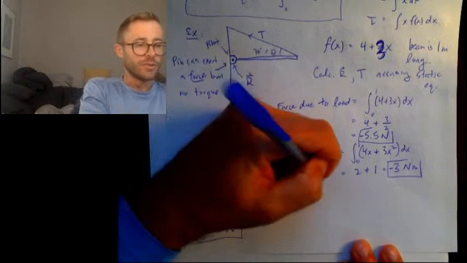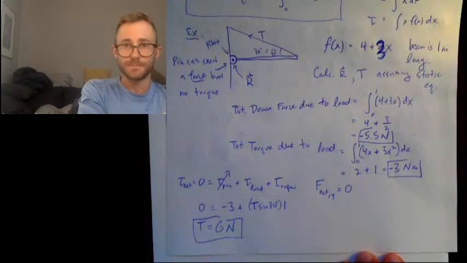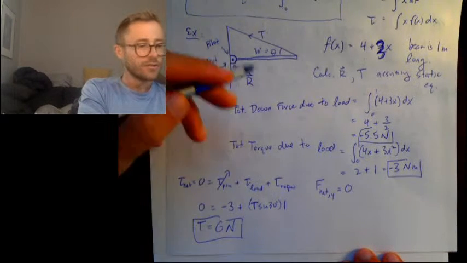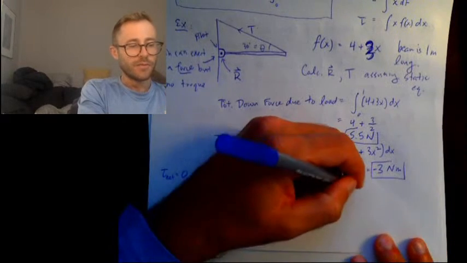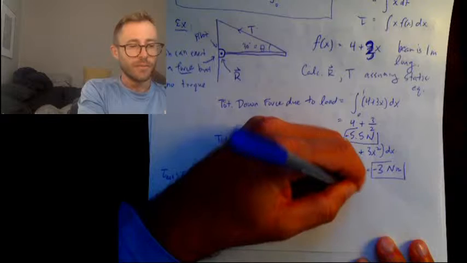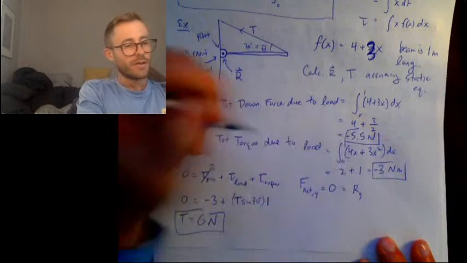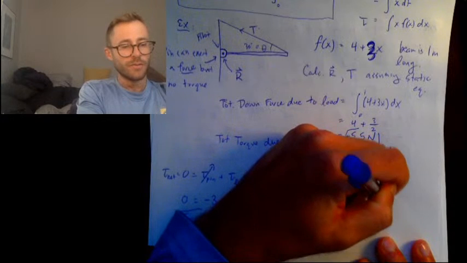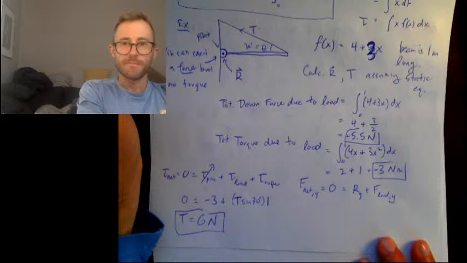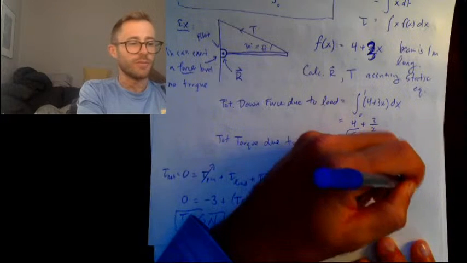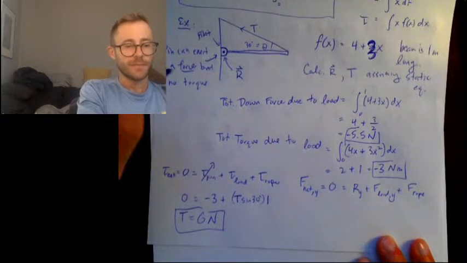But we also want to find the reaction force. In particular, the net force in the y direction has to be equal to 0. So what are the forces? We've got a force from the pin in the y direction, the force from the load in the y direction, and the force from the rope in the y direction.